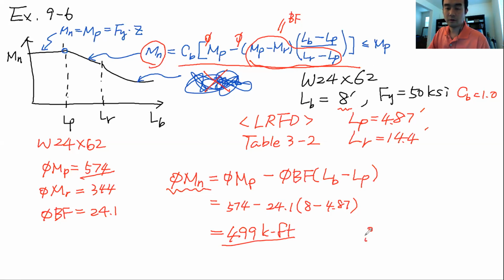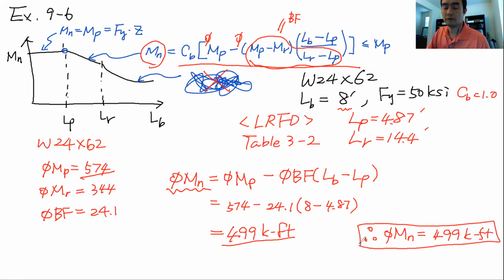So therefore, our factored nominal moment is going to be 499 kip-feet as our final answer. Okay, pretty easy and straightforward if you understand how to use this steel manual.